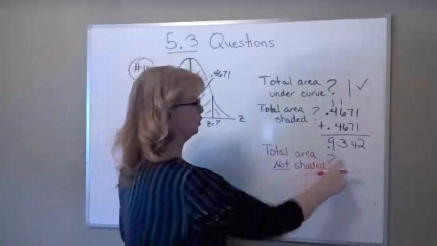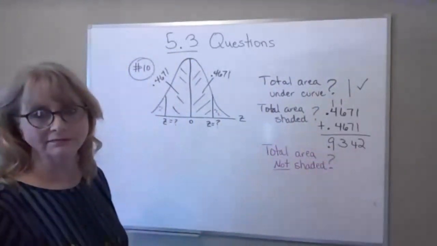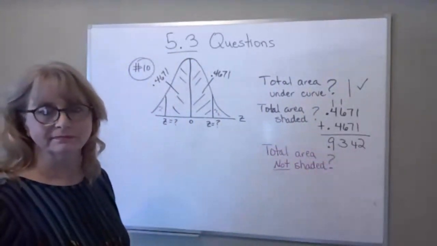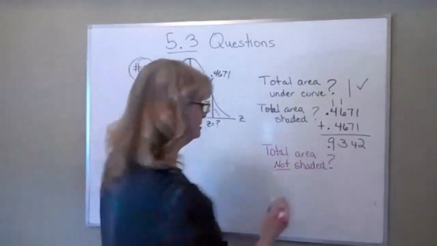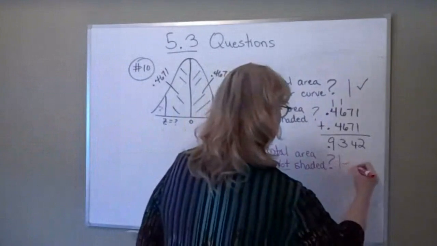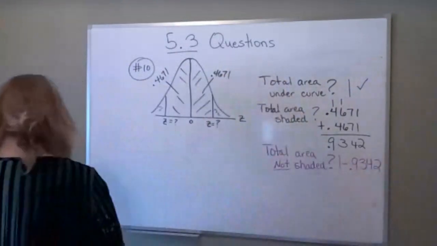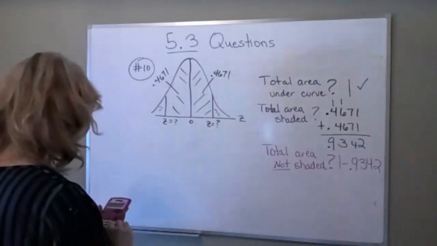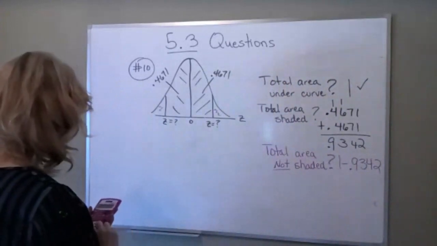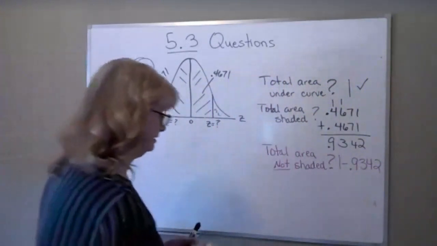What would your work look like to show that area that's left? So right, Kayla. I would do 1 minus 0.9342. And that gives me 0.0658.